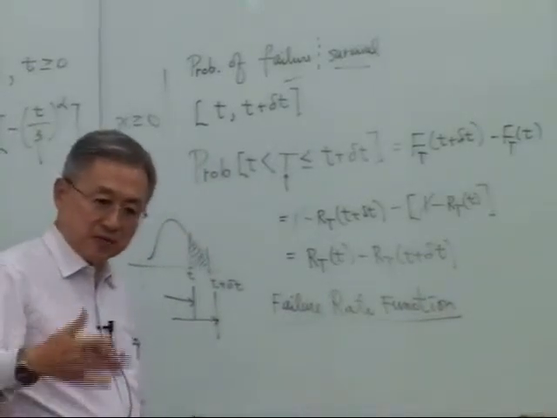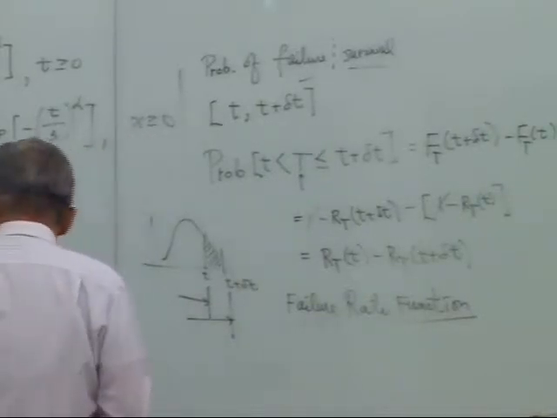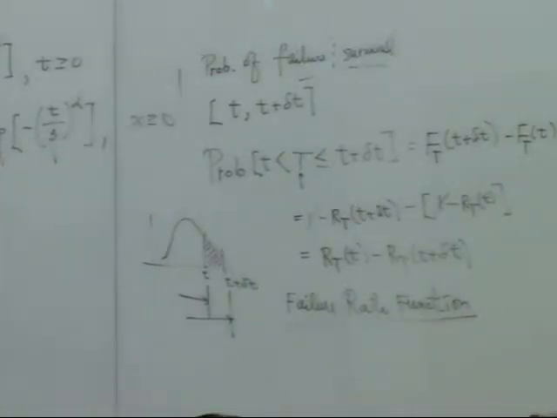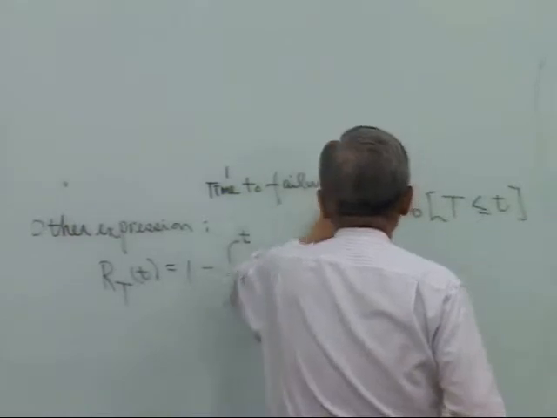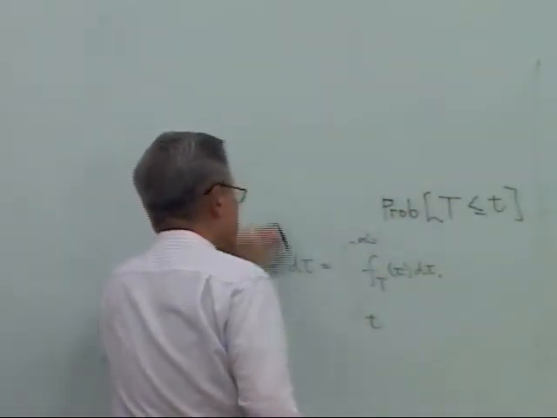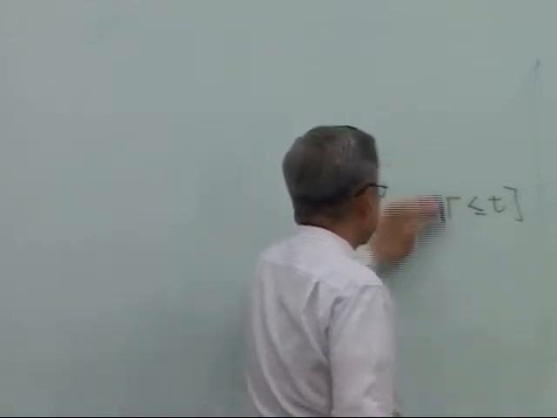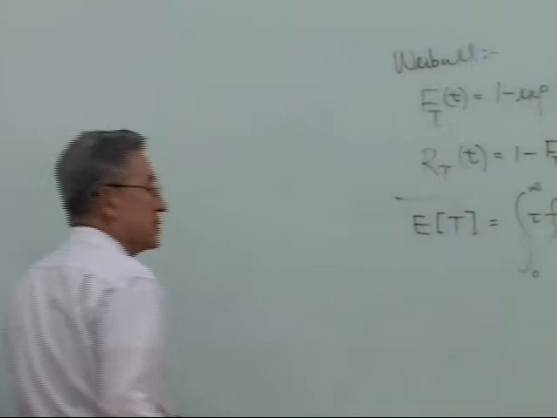Last Wednesday I introduced a bathtub curve. This bathtub curve is really the failure rate, and you can deal with the normalized failure rate per unit time. That's what the failure rate function is.